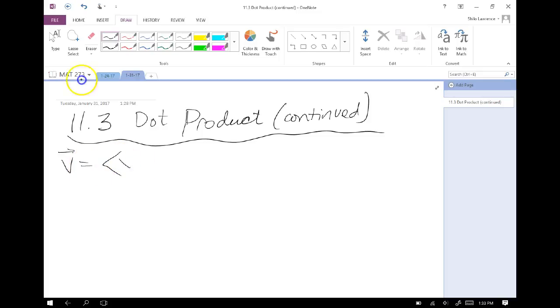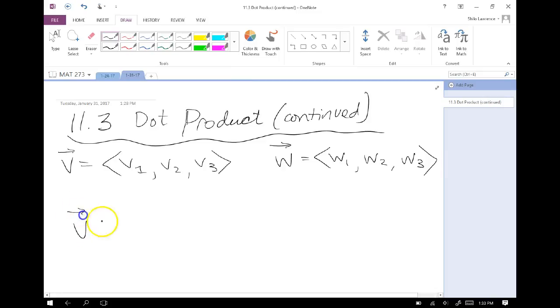So if we have vector v with components v1, v2, v3, and vector w with components w1, w2, w3, we said the way that we're going to do dot product between v and w, and the symbol is literally just a dot, we multiply corresponding components.